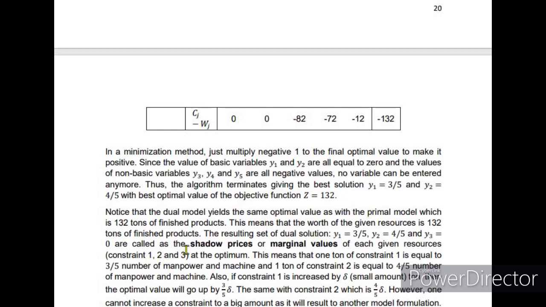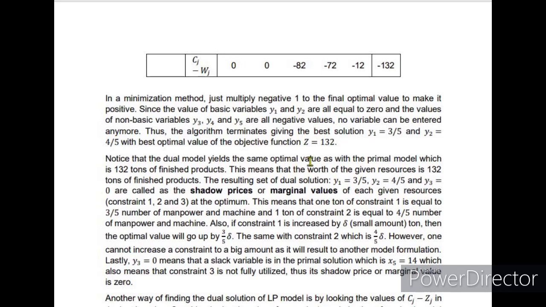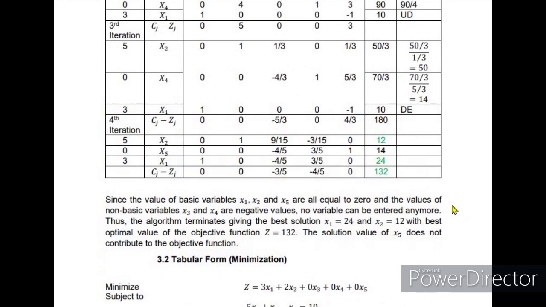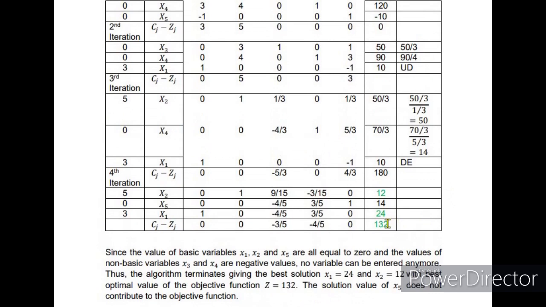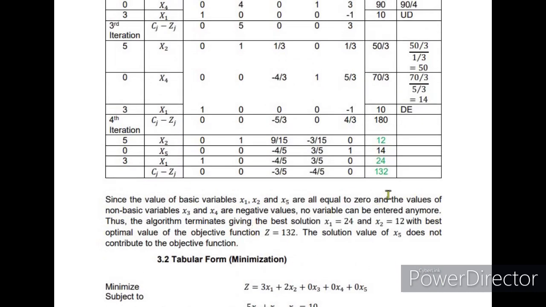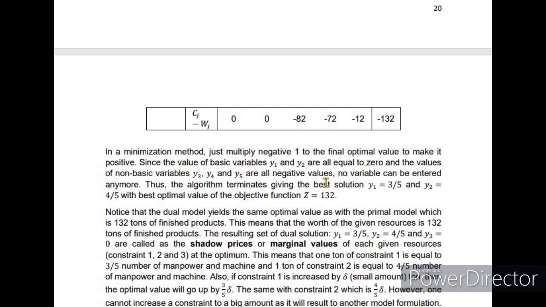Notice that the dual model yields the same optimal value as the primal model, which is 132 tons of finished products, because it is the same as this iteration we used in the simplex algorithm. You notice that it also has 132, so it is the same as this dual simplex solution.